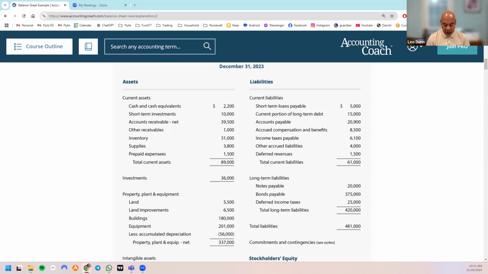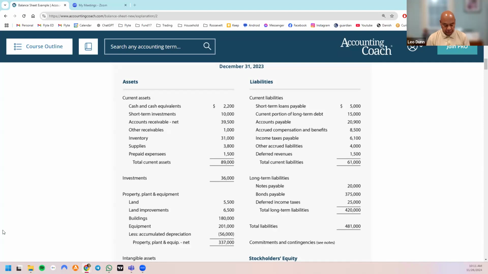It could be putting in a drainage system, but those would be considered assets under property, plant, and equipment. Your building would be considered property, plant, and equipment. Any equipment that you use in the name of your business would be another asset under this particular category.